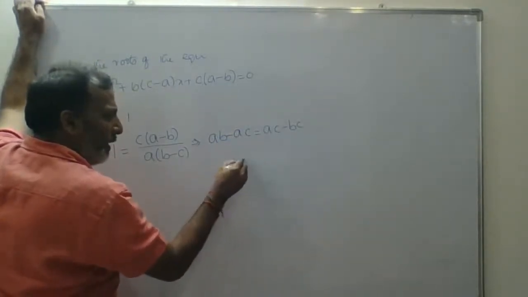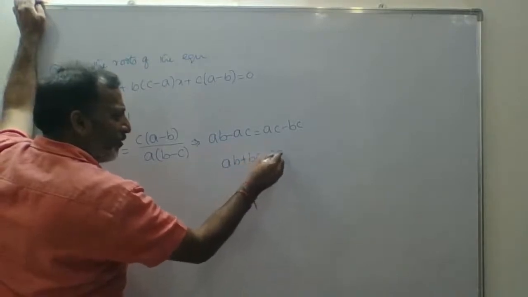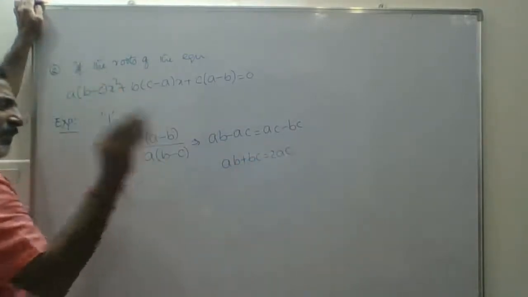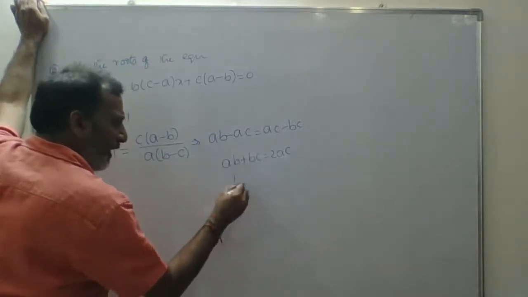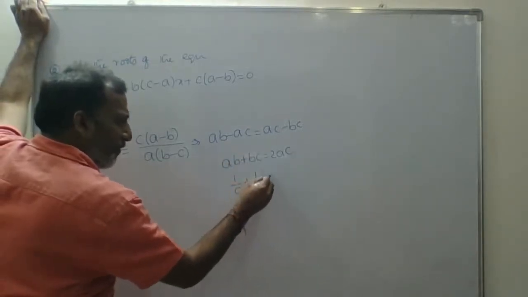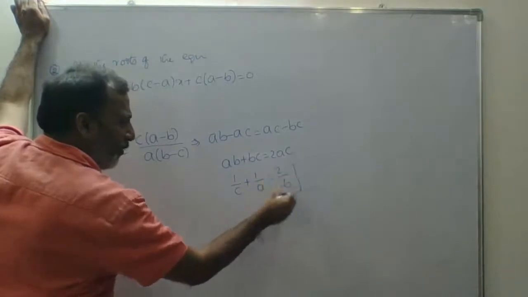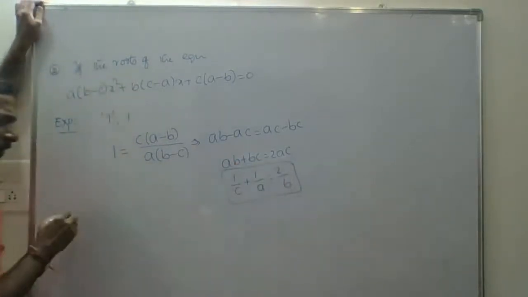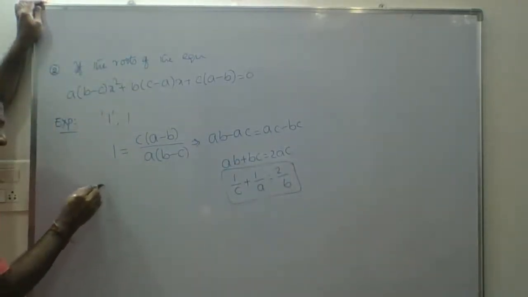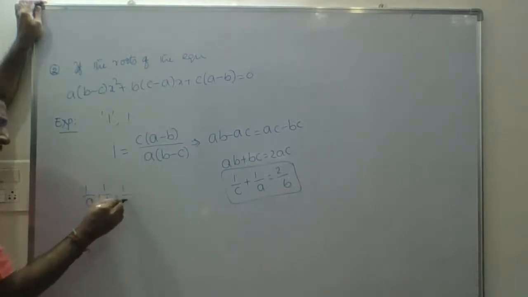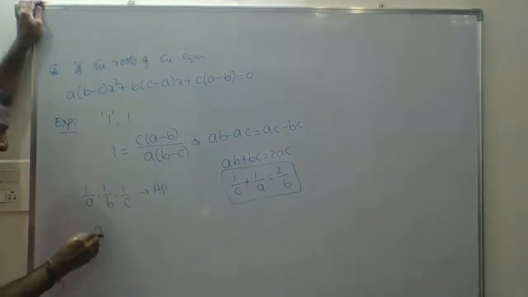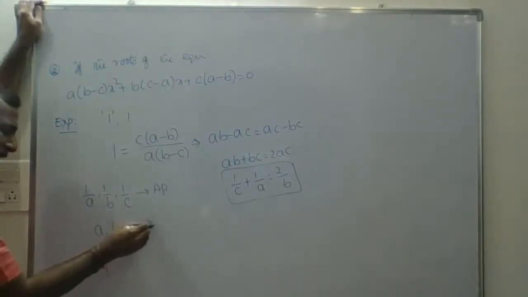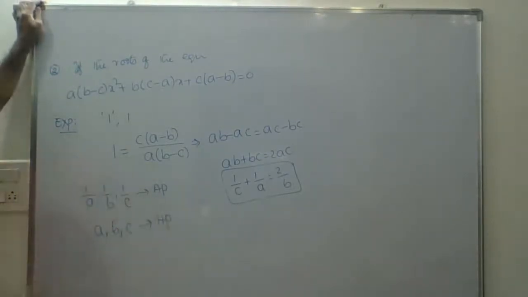So AB plus BC is equal to 2AC. Divide by ABC. What you will get? 1 by C plus 1 by A is equal to 2 by B. That implies 1 by A, 1 by B, 1 by C are in AP. Therefore, ABC are in HP.